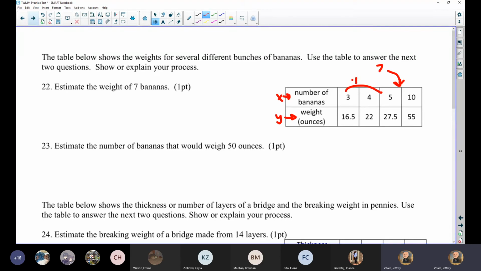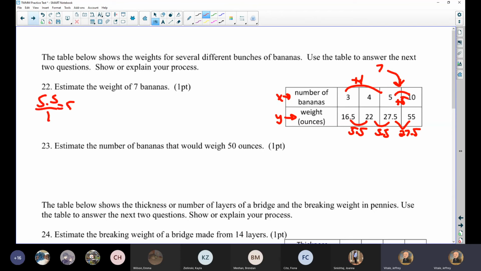So if you notice, this is increasing by 1 here, and this is increasing by 5. Over here, this is increasing by 5.5, and this is increasing by 27.5. Well, we know we have 2 ratios here, right?